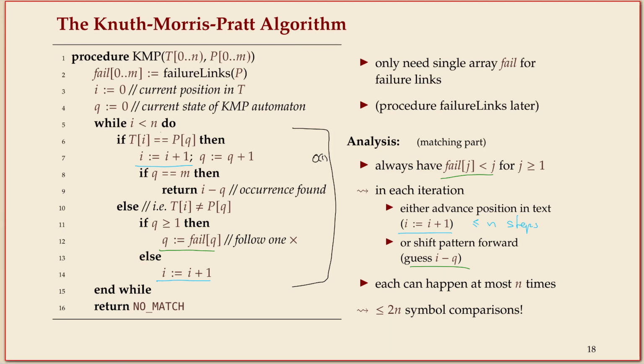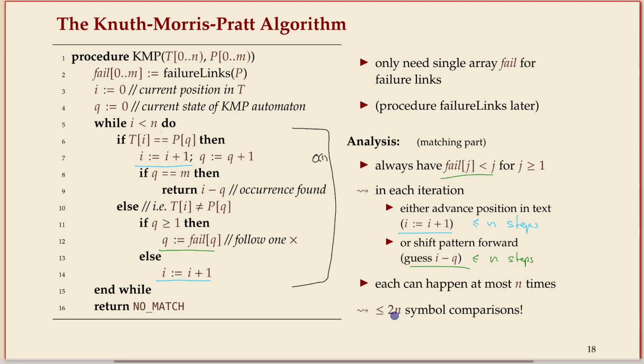And similarly, this term I minus Q, it starts at 0. It goes up to essentially at most n, and it's incremented by at least 1 whenever we have the green part. So we can have at most n steps of this as well.